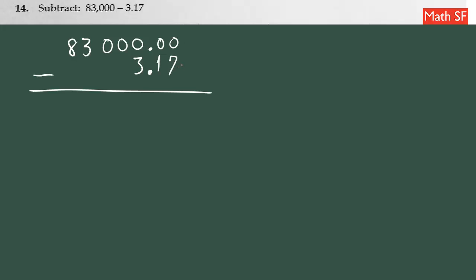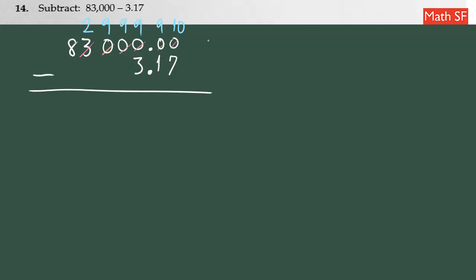Now let's subtract. 0 minus 7. I cannot do that. So as we have done this before, we have to go all the way to the 3 and ask to borrow 1 here, until this 0 is going to become a 10. So you've done this before. This 3 is going to become a 2, this will become 10, but since it's borrowing, it's going to be 9, then another 9, 9, 9, and here is a 10.